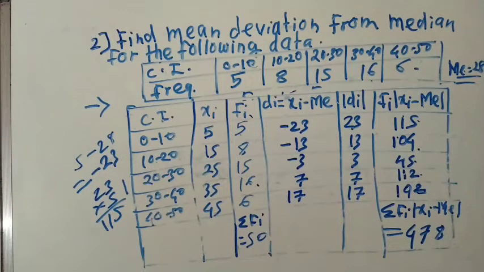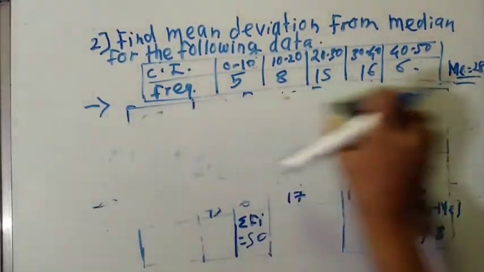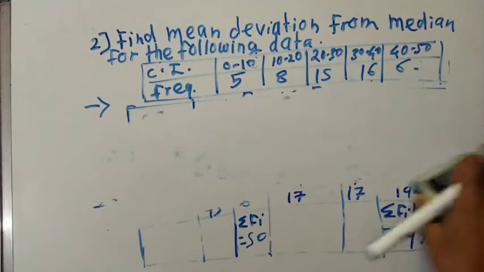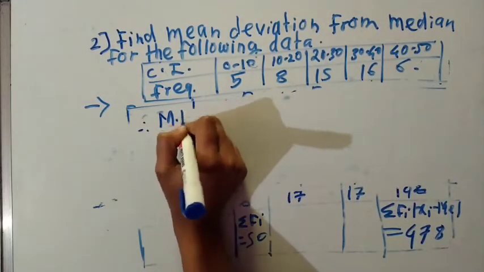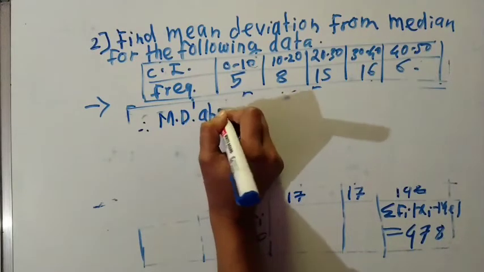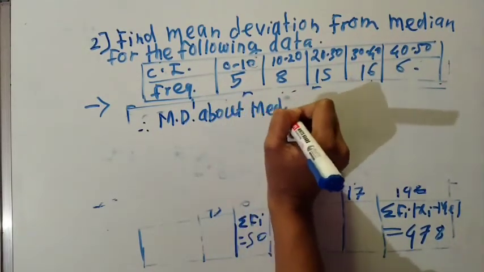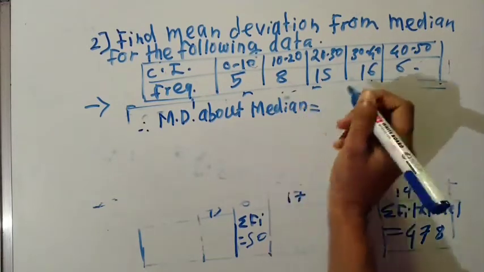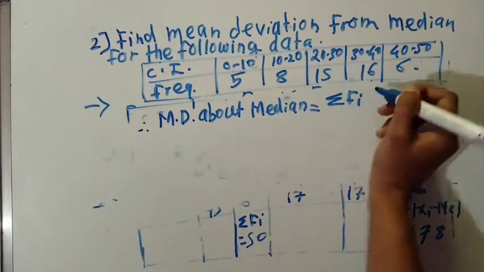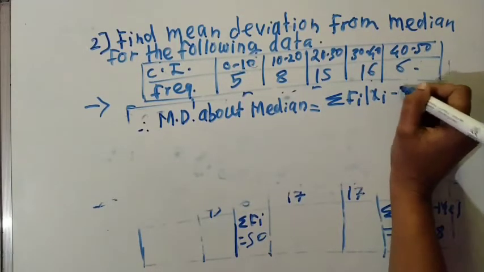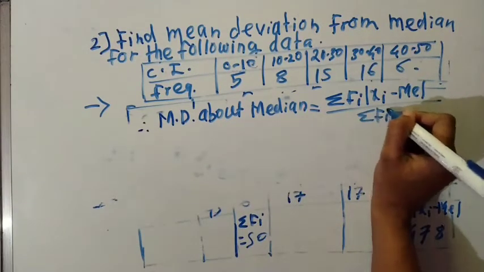Hence we find the mean deviation about median by the formula: summation of fi mod of xi minus ME upon summation of fi.